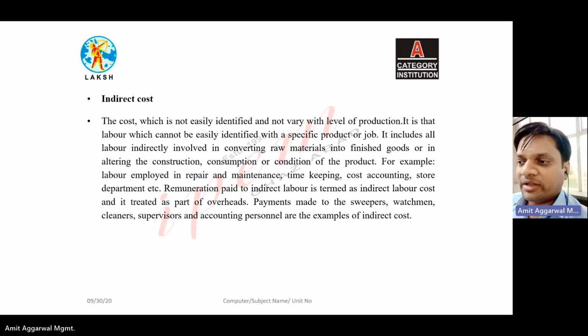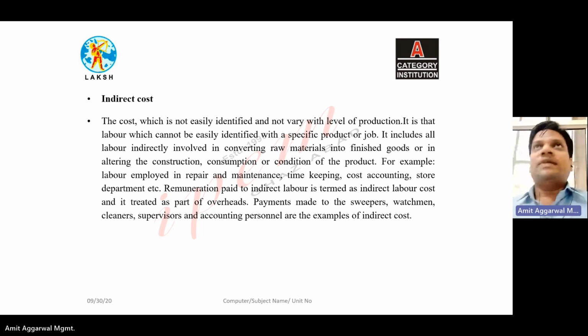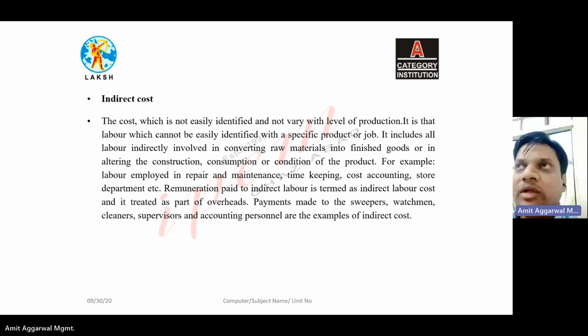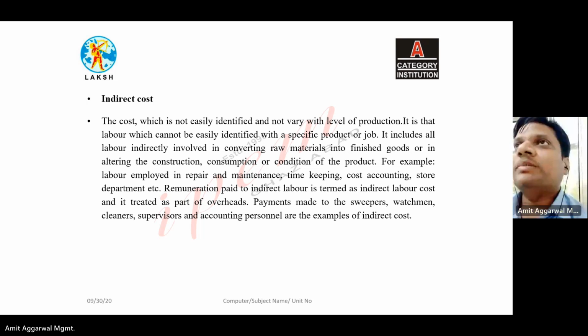One peon is also standing at the main door. All these laborers also support the process of this particular service sector. The examples I gave you are part of the labor cost. So all these are part of direct and indirect, right?